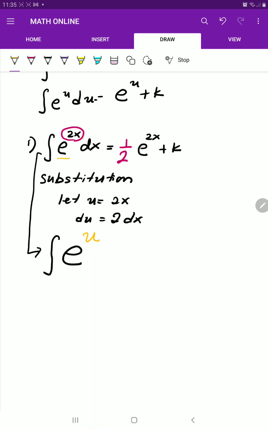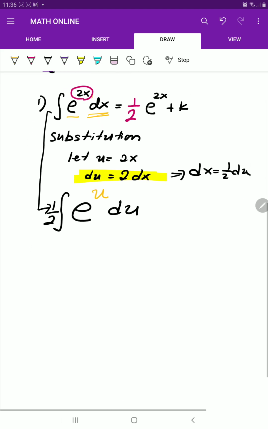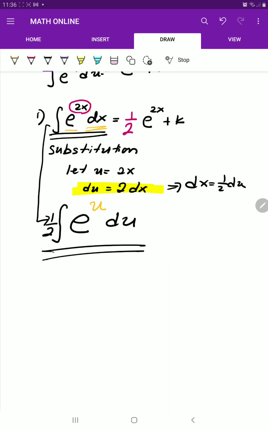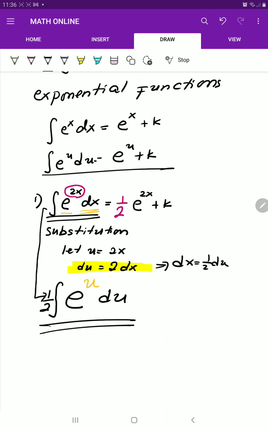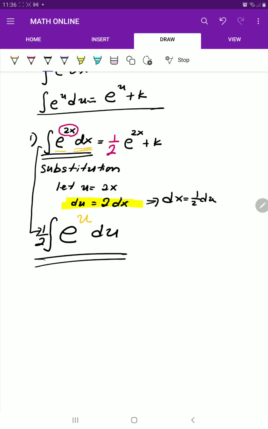And then you need an expression for dx, and we can find dx from here. From there we can say that dx is equal to 1/2 of du. So just put the du there, and that 1/2 can be put in front. So this original question is now this, and we know that the integral of that is e to the u plus k.